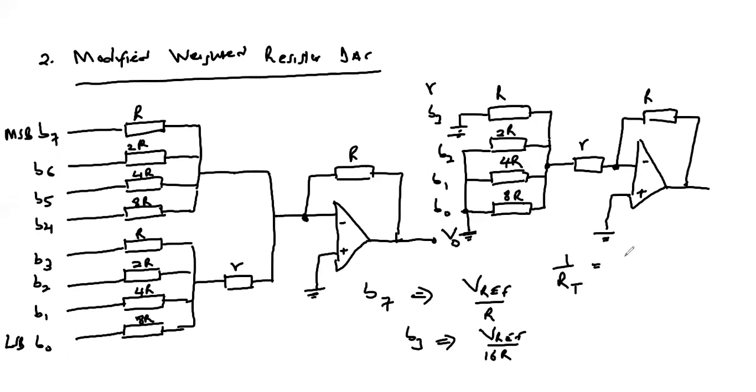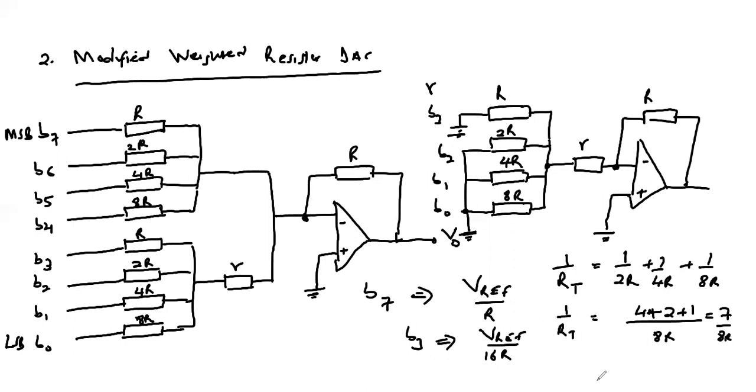We can draw the equivalent circuit having considered the parallel combination of these three as 1/R total equal to 1/2R plus 1/4R plus 1/8R, from which, with the LCM being 8R, we get 4 plus 2 plus 1, which is 7/8R. This is our total 1/R total.